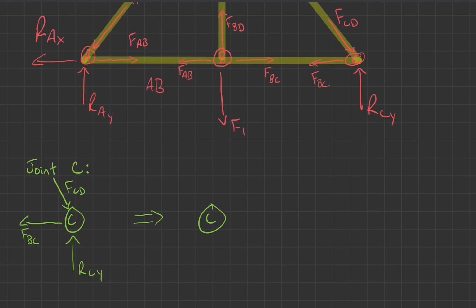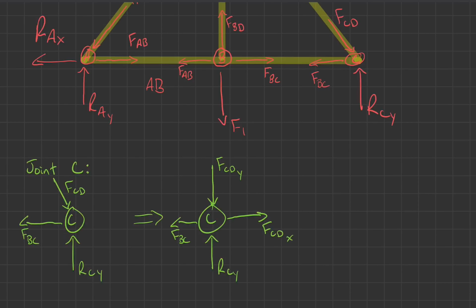So we've got joint C here again. Reaction force CY is already going in the Y direction. The force BC is already going in that direction. So we just need to break CD down. So we've got it going down and we've got it going to the right. So this is force CD in the X direction, and this is force CD in the Y direction.